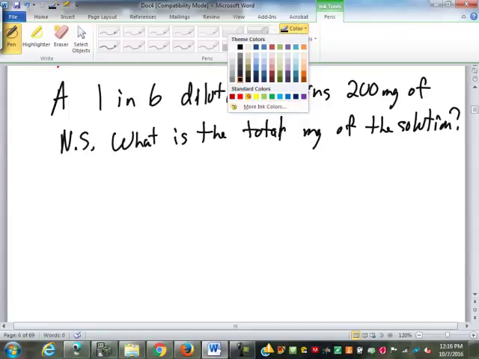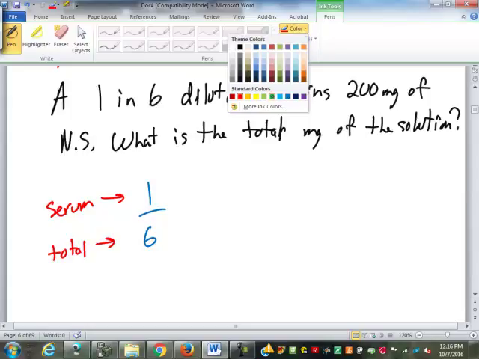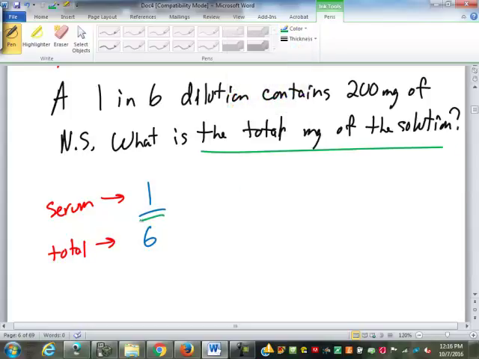And that's sloppy wording. So 1 in 6 is our dilution. So the 1 is the serum, 6 is total. We are looking for the total, but we do not have the serum. We have saline.